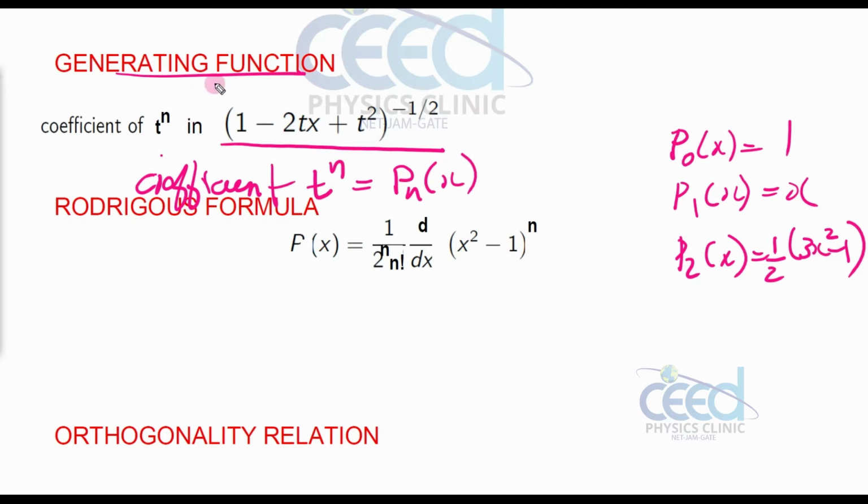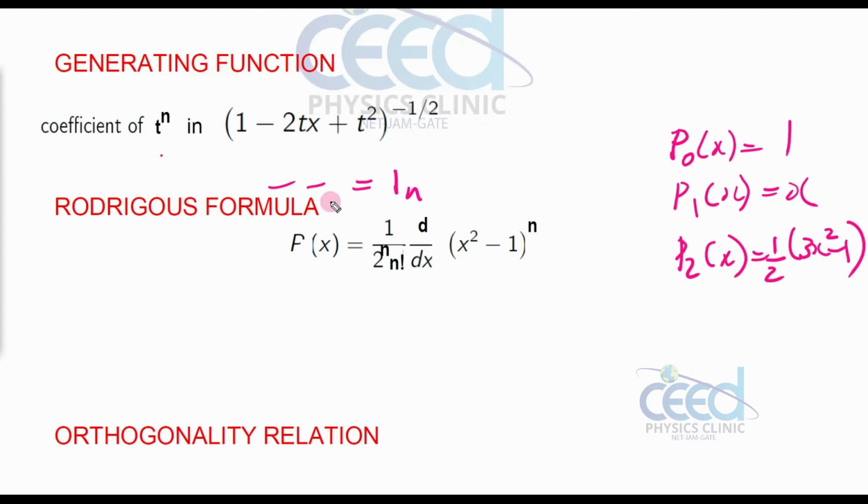The coefficient of t raised to n from this series is exactly equal to the Legendre polynomial. That's why we are calling it a generating function, because the series expansion of this function leads to the Legendre polynomial.